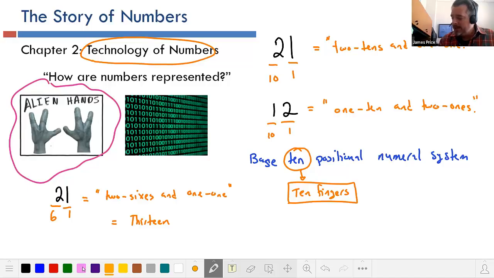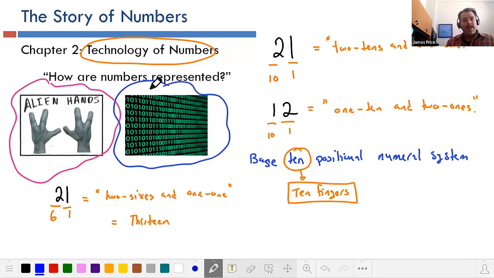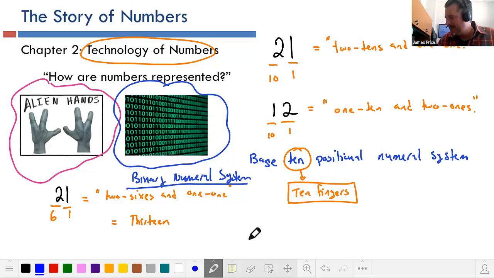But we eventually did find a great application for representing numbers in different bases, and that's the binary numeral system. This is the system all of our technology is based on.